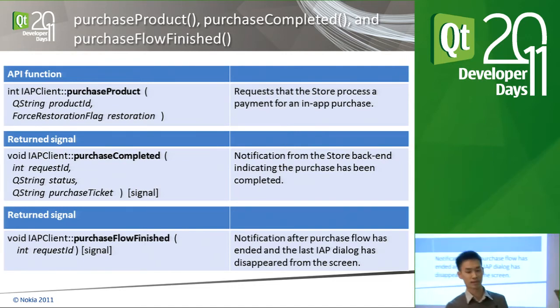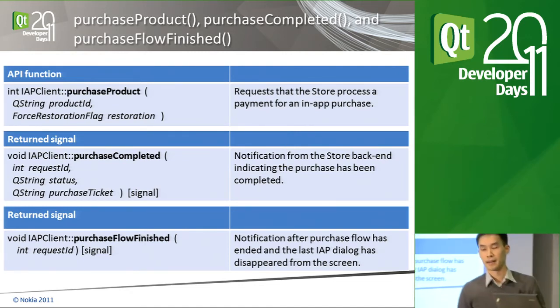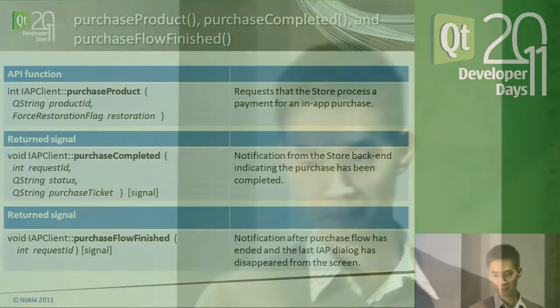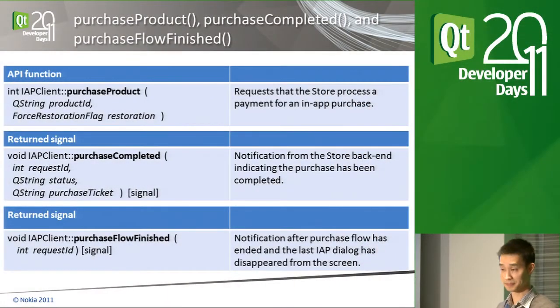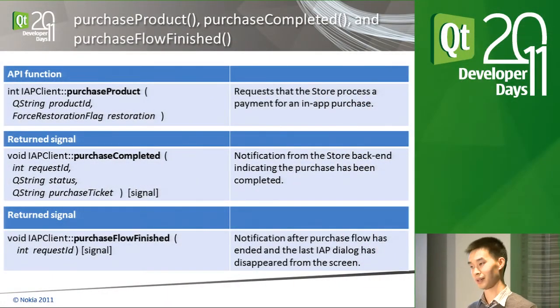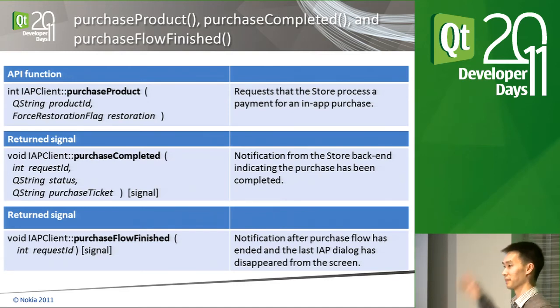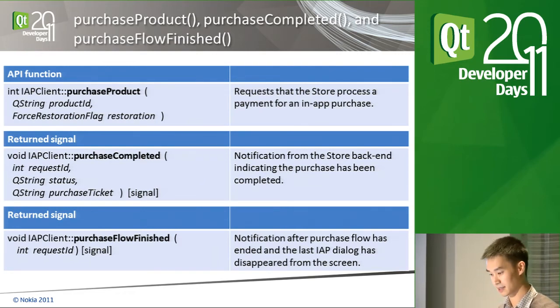And it's important that in the case of the consumable and rental, you should take note of that because this is sort of the receipt that you need to send to your own server so that if a user, let's say in the future, wants to restore your particular instance of the app, then they can do that from their own server. So I'm going to talk about that in the next slide.